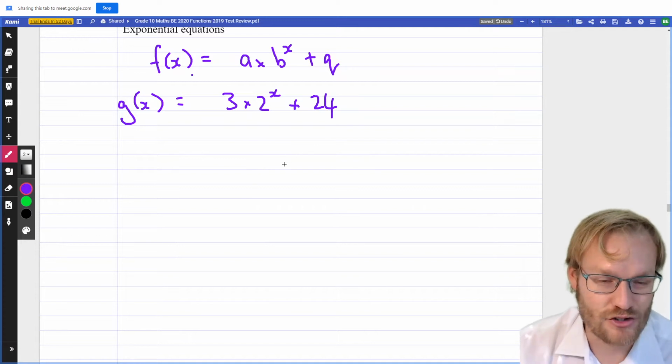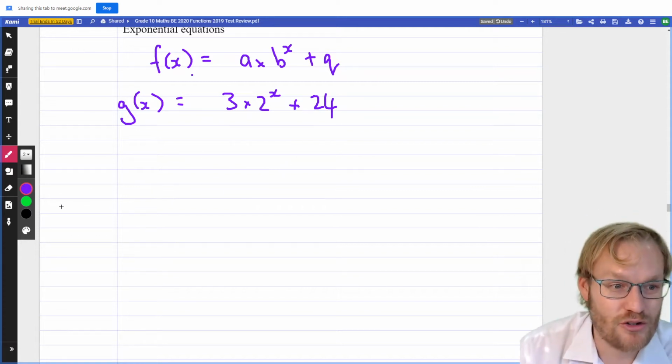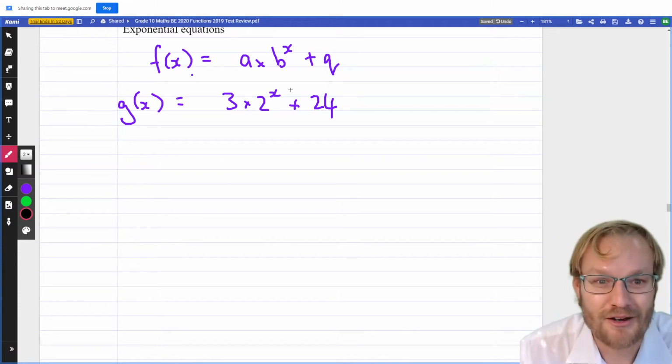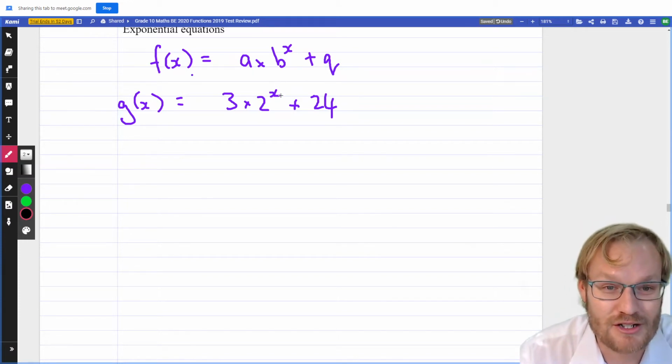Okay, so there's our function. We recognize it as an exponential equation because we've got the x in the exponent.